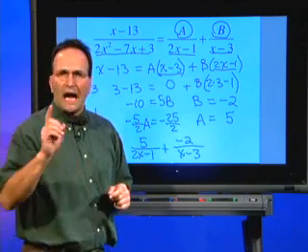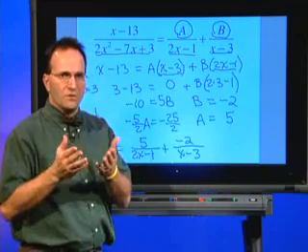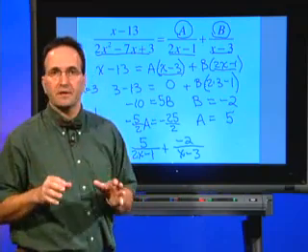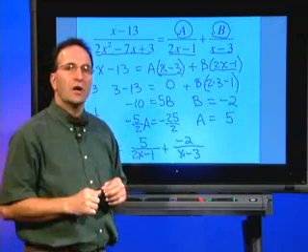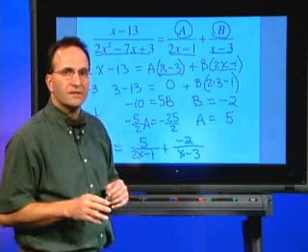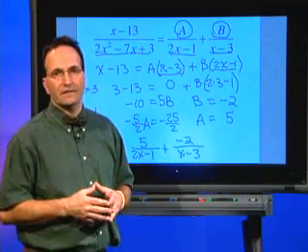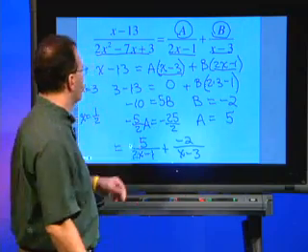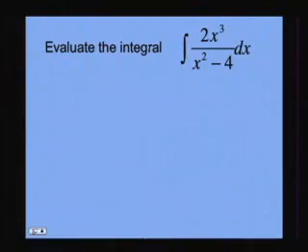Let's explore how to handle a problem when the degree of p of x, the numerator, is greater than the degree of the denominator q of x. And at the same time, we'll show you how partial fraction decomposition can be useful in anti-differentiation. So let's take this problem, which says to evaluate the integral of 2x cubed divided by x squared minus 4 dx.